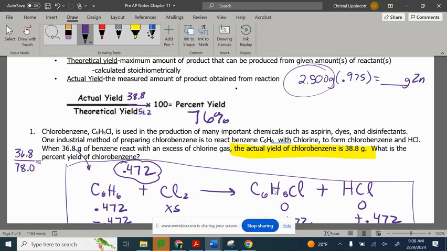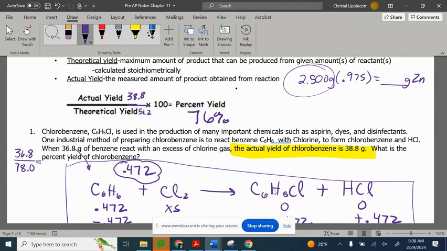Now, all of your homework problems, all of your test problems, you will end up with a percent yield less than 100. Now, in the lab, sometimes you can get more than that. For example, with your pennies, sometimes you don't get all of the zinc out of there, and so that actual number ends up being a little bit higher or lower depending on how things shake out.